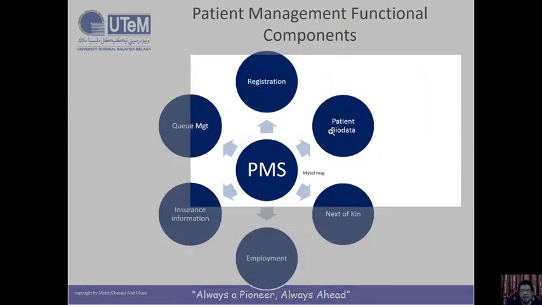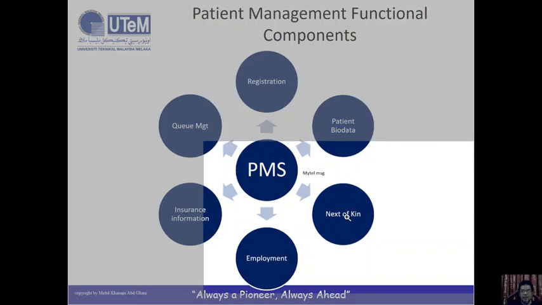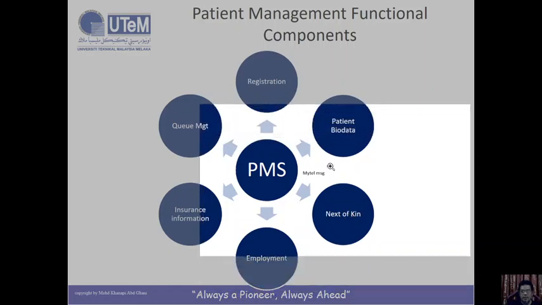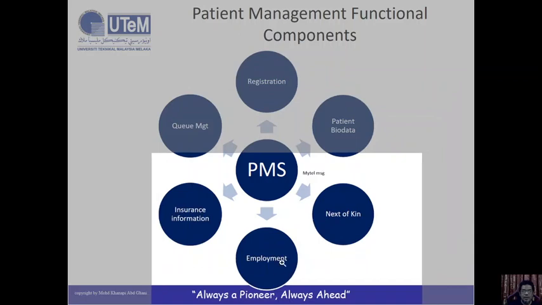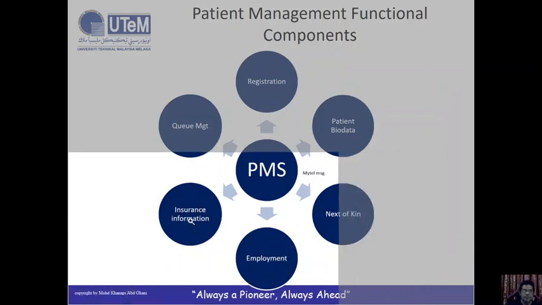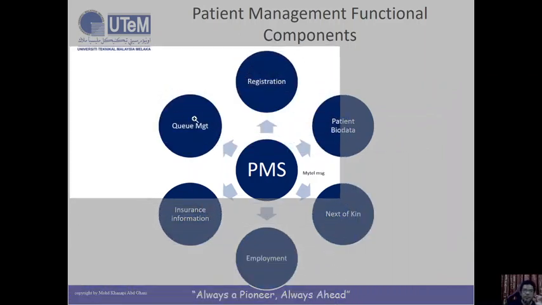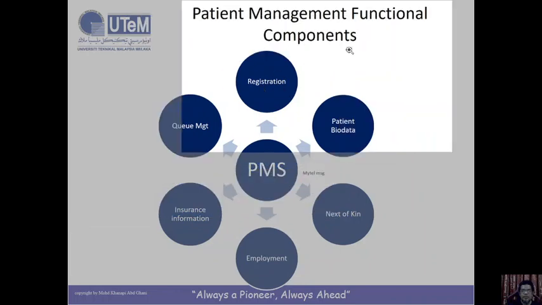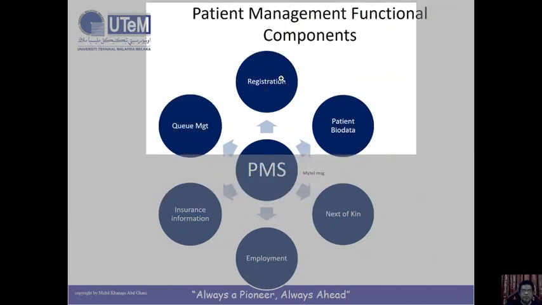Then you can contact their relative regarding the patient. And then employment information, insurance information, and also the queue management. When you register the patient, you send this patient to a specific queue, whether the doctor queue, or facility queue, or common queue.